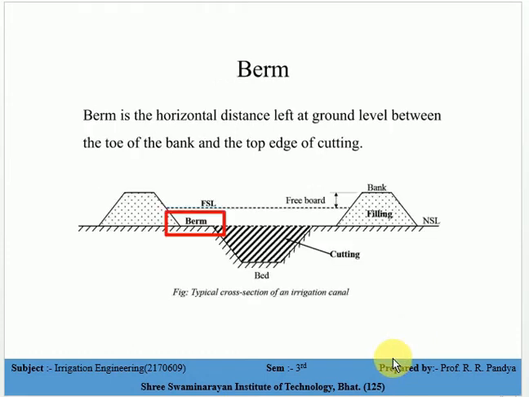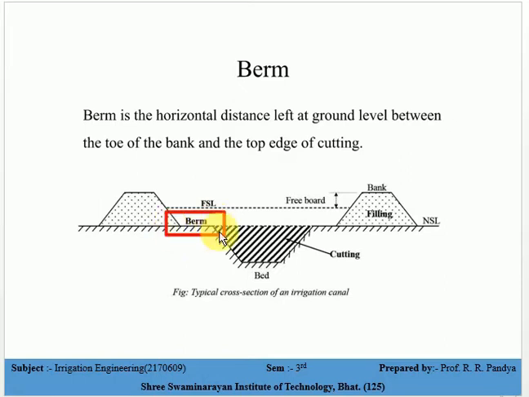Then berms. The berm is the horizontal distance left at the ground level between the toe of the bank and the top edge of the cutting. So a horizontal portion between the edge of this cutting, right?